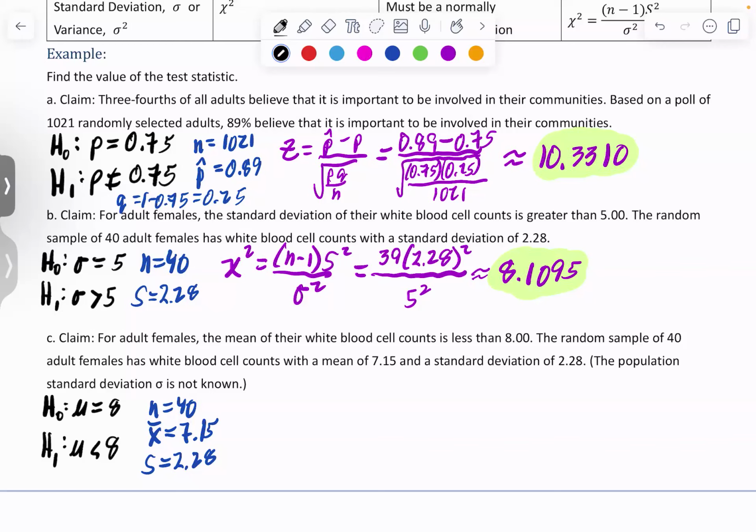A random sample of 40 adult females has white blood cell counts with a mean, so that's the sample mean, 7.15, standard deviation of 2.28. So you'll notice we don't have anything about the population standard deviation. So this is going to be sigma is not known. This is going to be a t distribution.